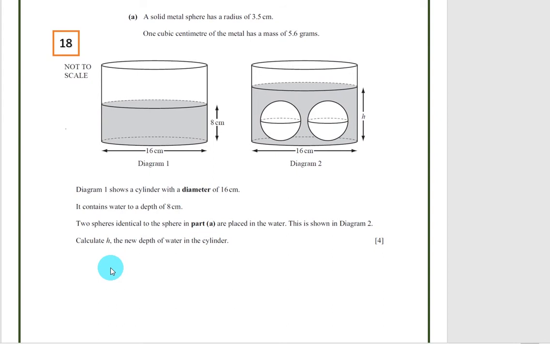So volume 2 is equal to 2 multiplied by the volume of the sphere plus the volume of the water.